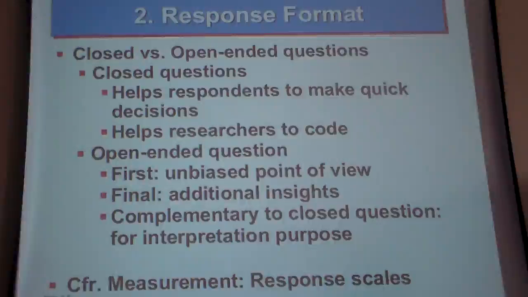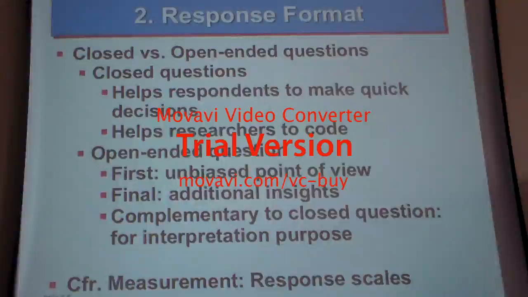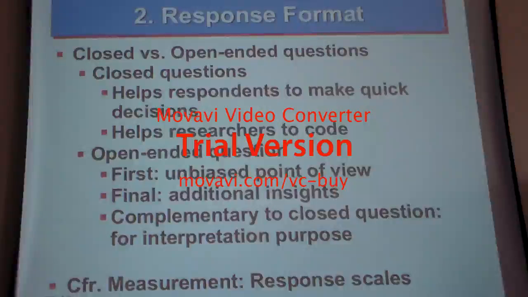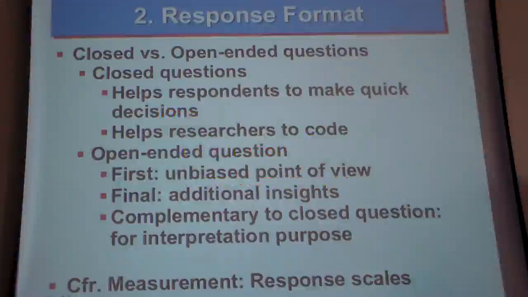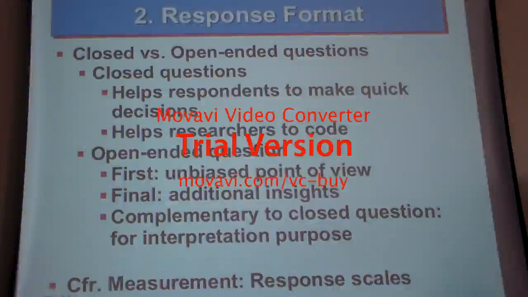It's like programming. When you change the variable from something real to a variable that the computer can understand, it's coding. It helps the researchers with coding. Why? Because it has specific answers, and you just need to check or choose one answer.